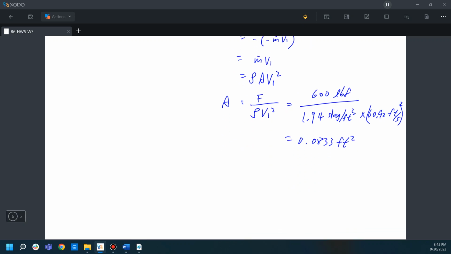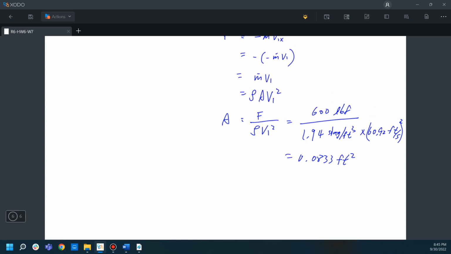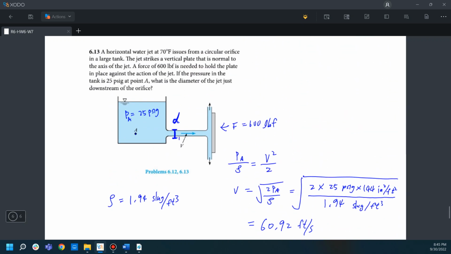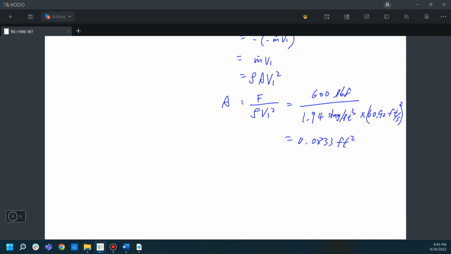Now, we assume a circular cross-section area for this object. So this A is equal to pi over 4 times d squared, which is equal to 0.0833.